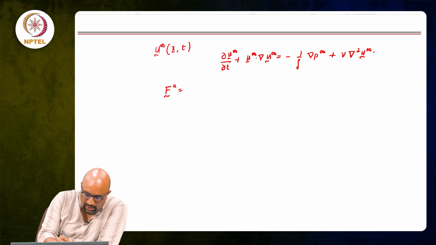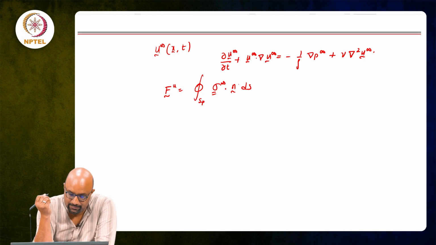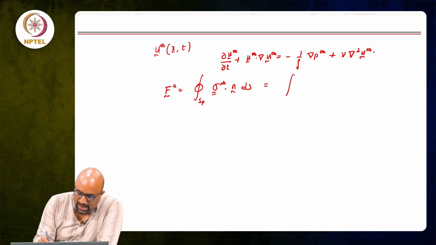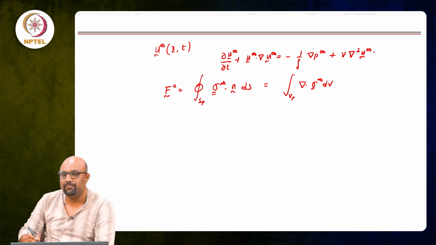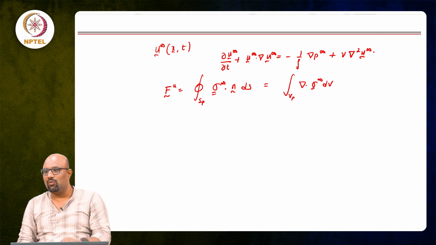So, which is equivalent to doing a surface integral of sigma infinity dot n ds over that spherical surface, and this can be converted to a volume integral of divergence of sigma infinity dV, right. You have the spherical particle, you are now doing a volume integral over that particular sphere.